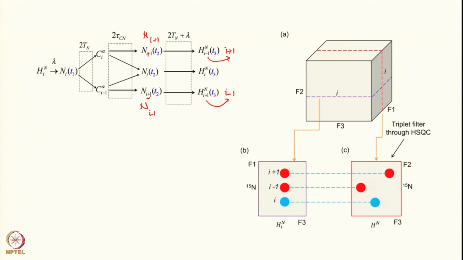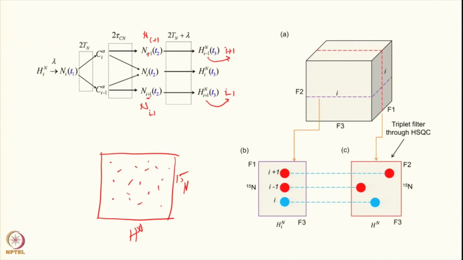What do I mean by that? Suppose I have an HSQC spectrum, this is N15 and this is HN. You have lots of peaks here, many peaks for the 2D spectrum.